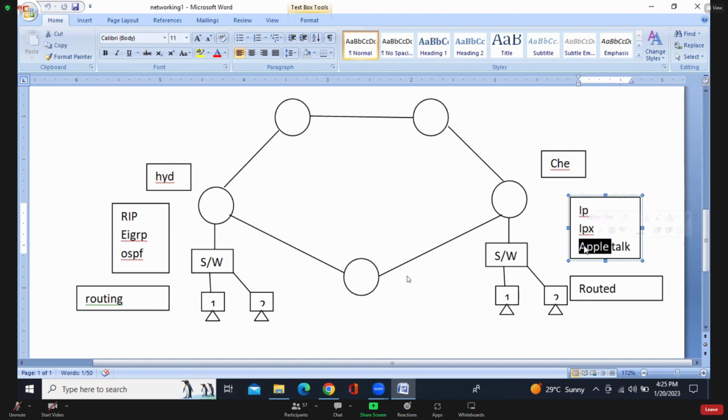Nowadays even IBM and Apple use IP addresses only, the Internet Protocol. With the help of IP addresses we share data between machines. The switch and router share the data between machines with the help of routed protocols. This is called path determination.